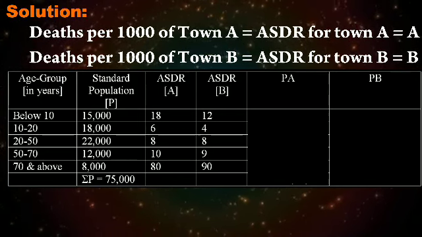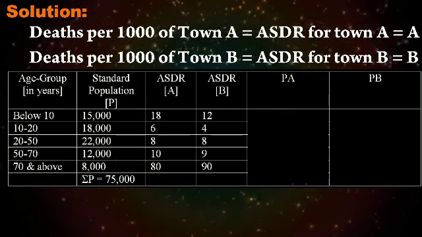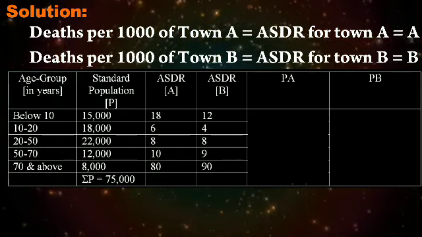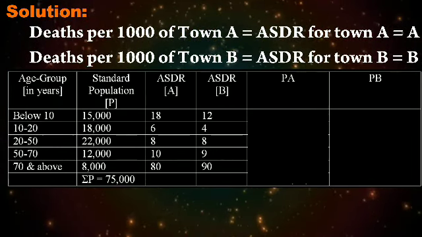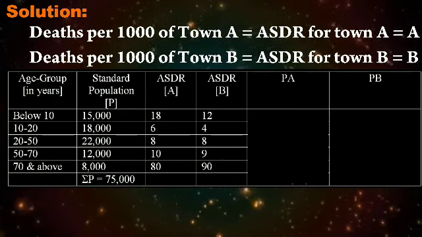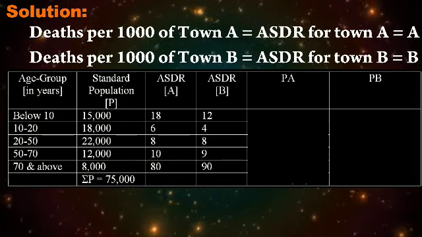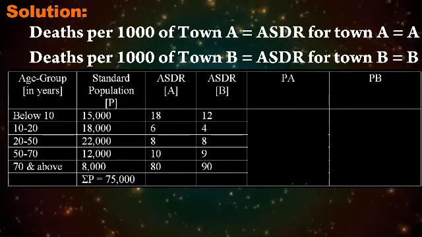Consider ASDR of A, that is deaths per thousand of town A: 18, 6, 8, 10 and 80. ASDR of B: 12, 4, 8, 9 and 90.